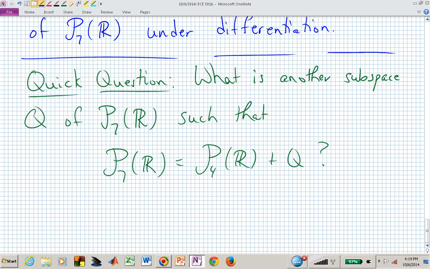Could it be 0? We want the result of the two subspaces combined to be P7. So 0 is a subspace of P7, but it wouldn't be the Q that we're looking for because we want a subspace of P7 such that the sum of that with P4 gives us P7.